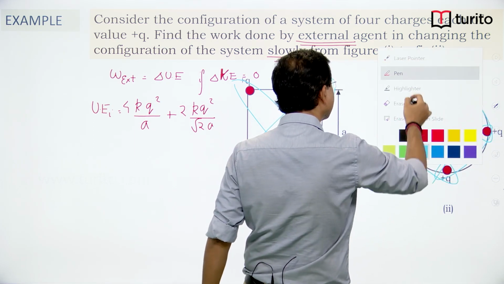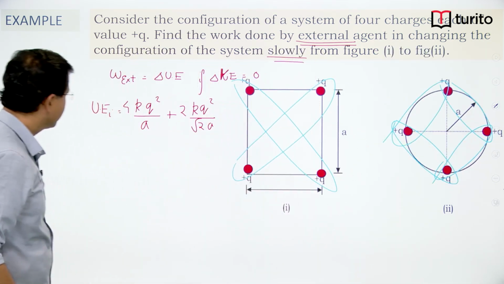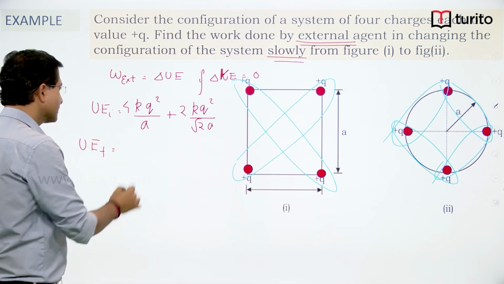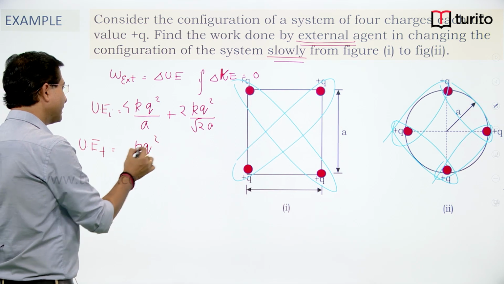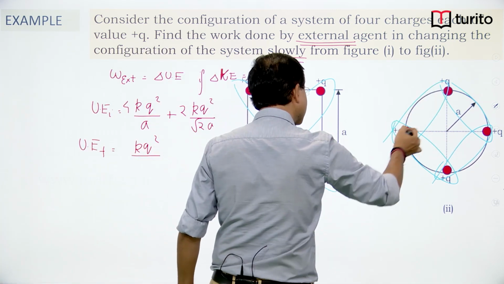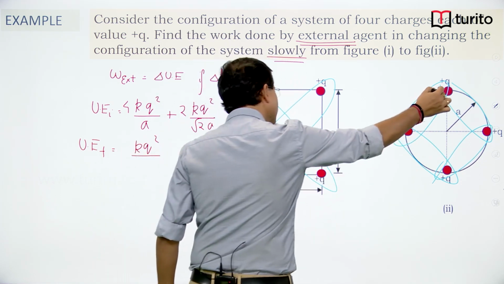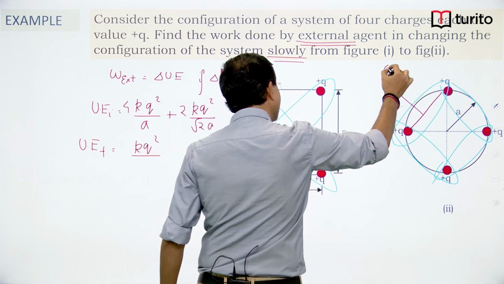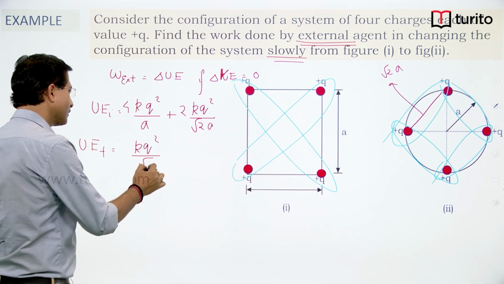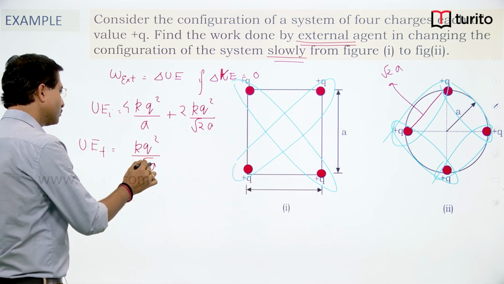So same way I can write that final potential energy is K Q square divided by, if this is A, this is A, this distance will be root 2A. So I can write root 2A here and root 2A.